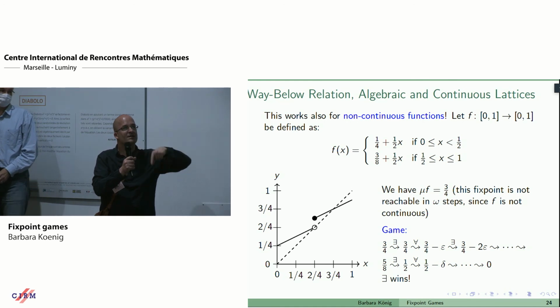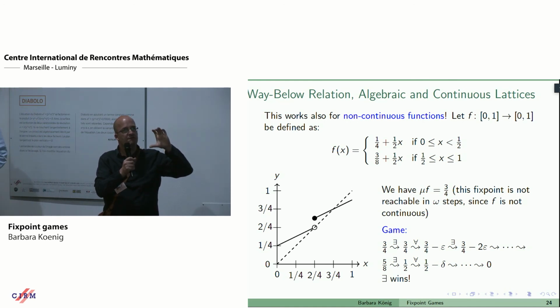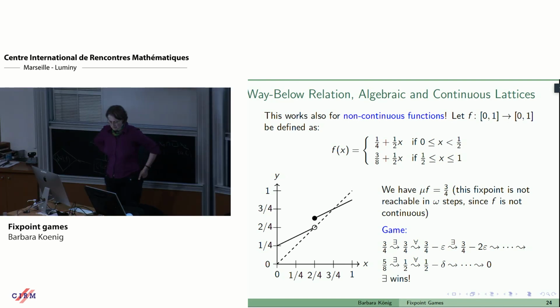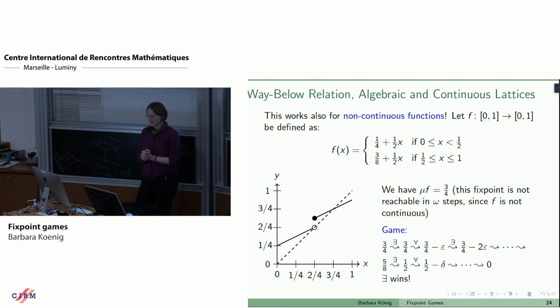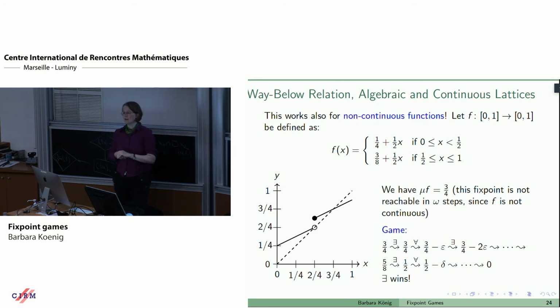Second question. How are your fixed point games related to codensity games? As far as I understand, codensity games are for behavioral metrics. Exactly. The idea is you have a transition system, you have two states, and you want to check whether the distance of two states is bounded by some constant.